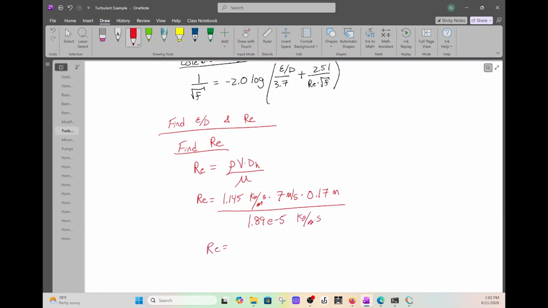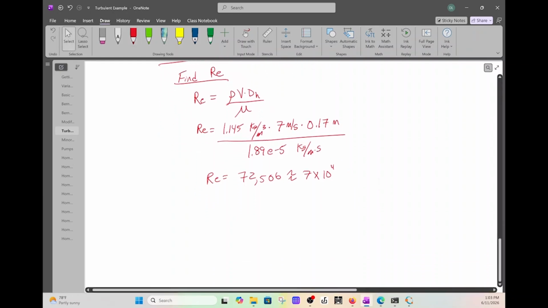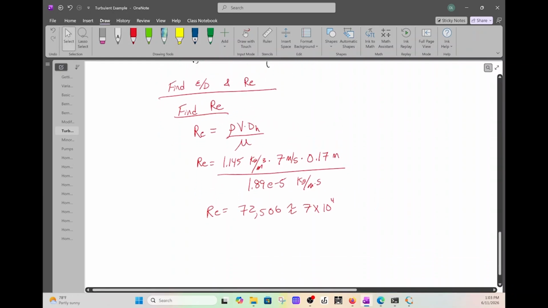And we get a Reynolds number of roughly 72,506. Or just for reference, 7 times 10 to the 4th. So we know the Reynolds number.